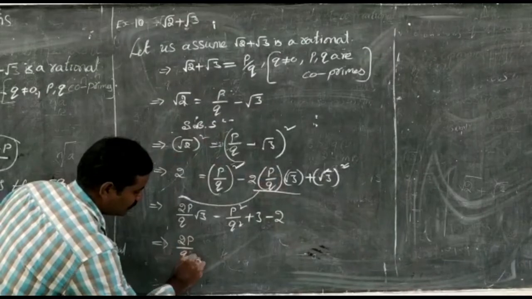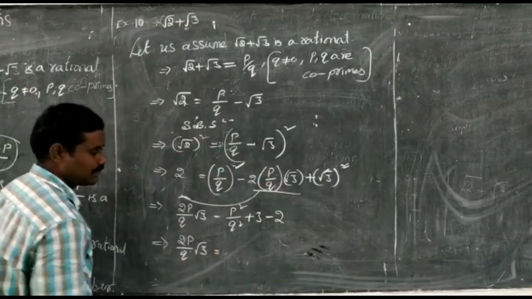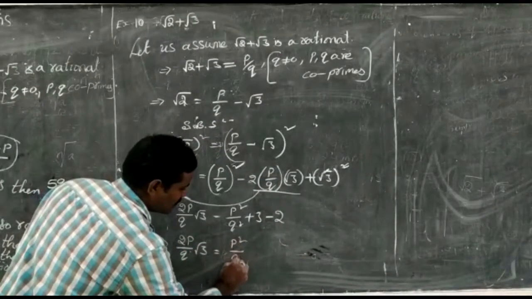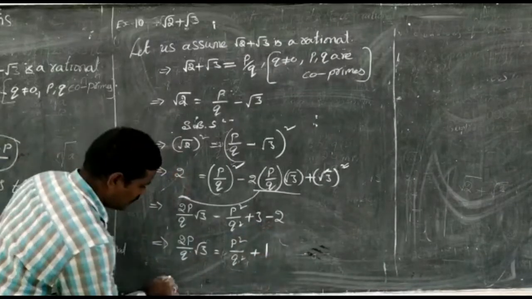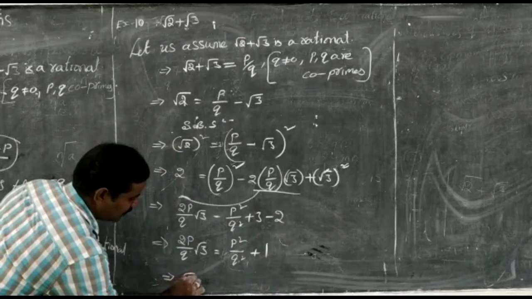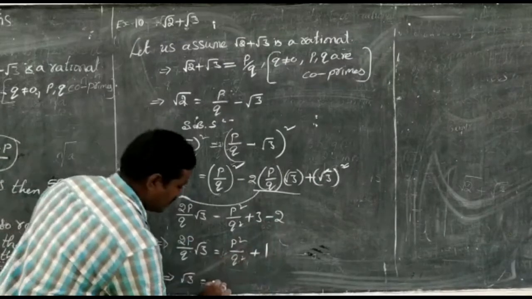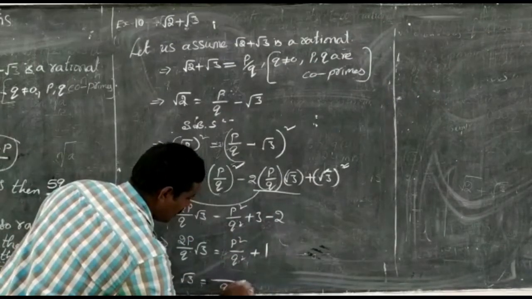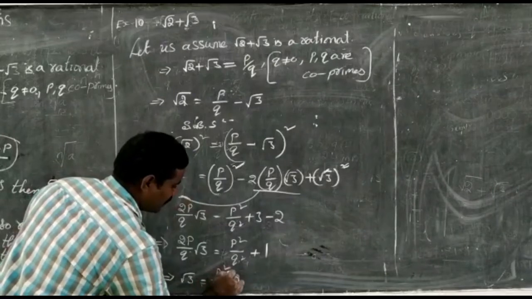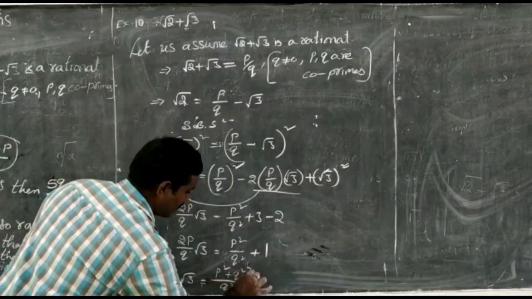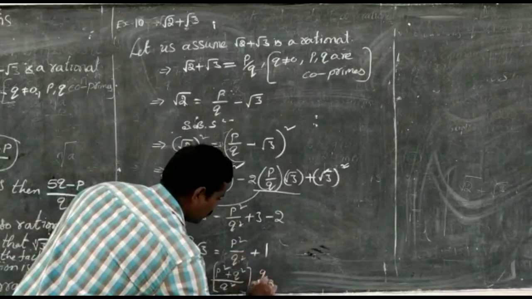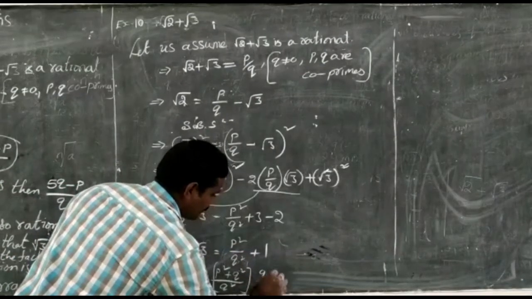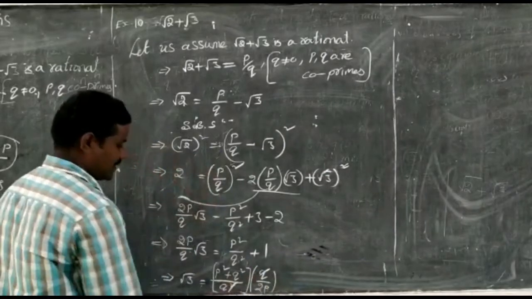So 2p by q root 3 is equal to p square by q square plus 3 minus 2, which is 1. Now root 3 is equal to, finding the LCM q square, p square plus q square by q square, and 2p by q becomes the reciprocal q by 2p. One q will be cancelled.